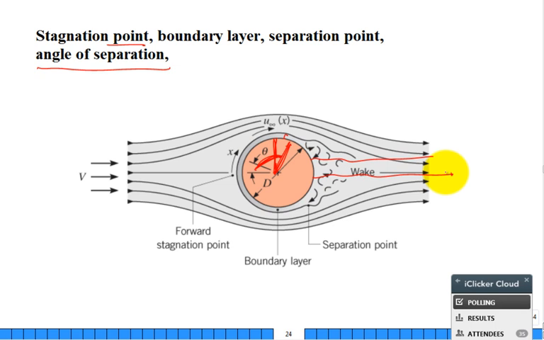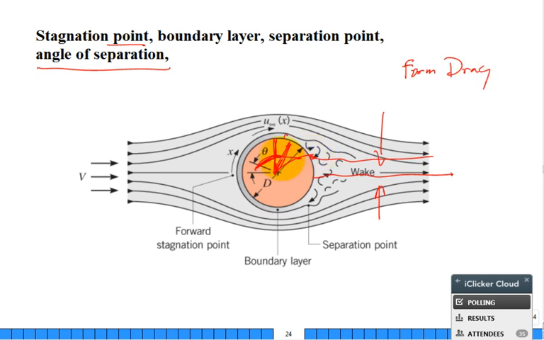That's a tough concept. That means the angle theta increases. And what happens is the form drag, that component, the pressure difference between the front side and the back side, because now the back side has a smaller wake region, that form drag is lower.